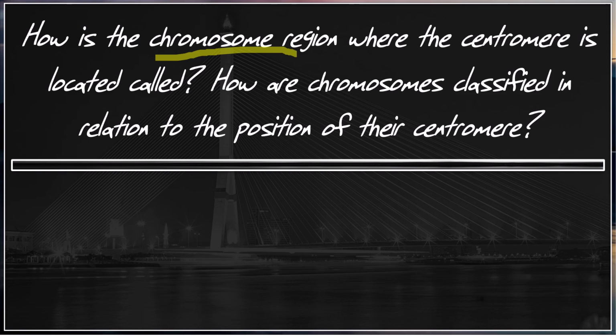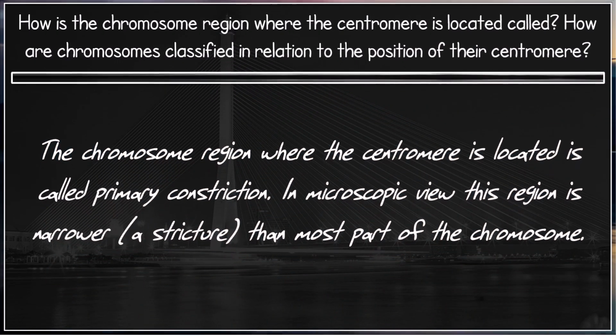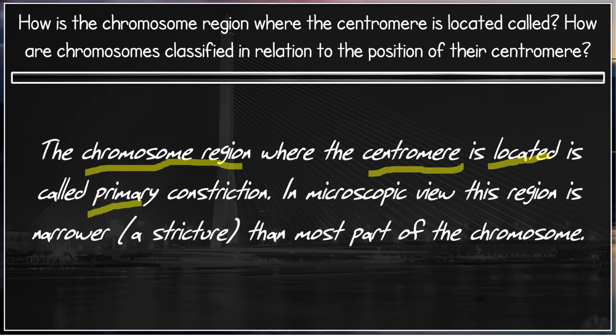How is the chromosome region where the centromere is located called? How are chromosomes classified in relation to the position of their centromere? The chromosome region where the centromere is located is called primary constriction.